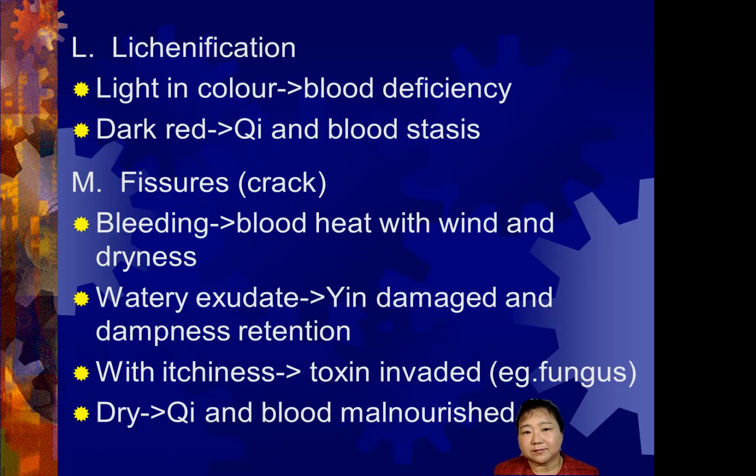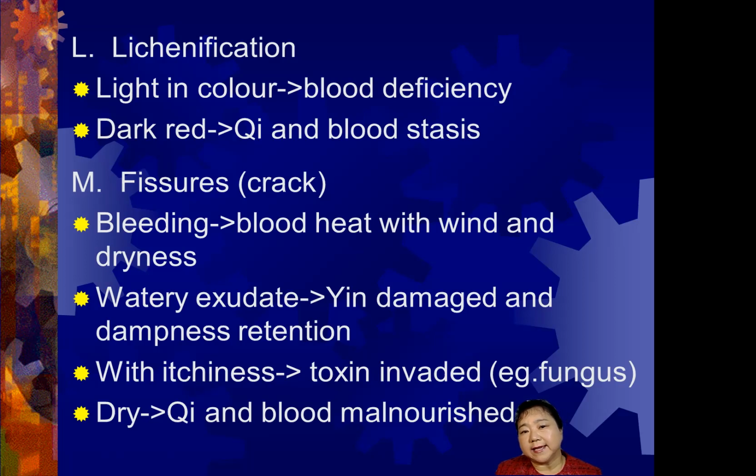Okay, fissure. In the daily language, people call it cracks, but some fissure can be quite big. Cracks probably more small. Anyway, bleeding fissure is often related to the blood heat with wind and dryness.